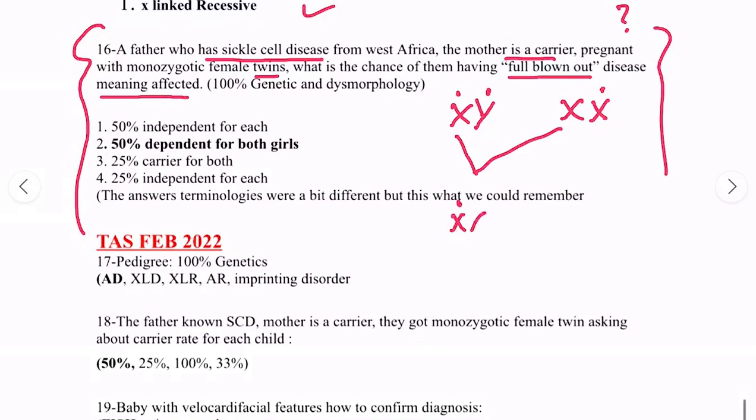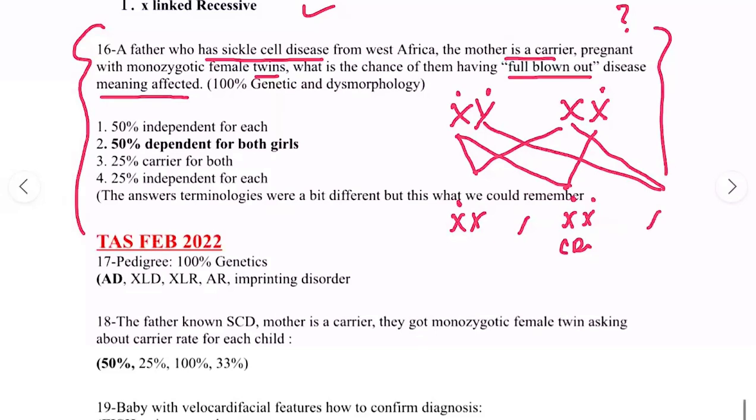See here. Okay, this one and this one is going to be X and X, that is diseased. Now this one, this boy, a carrier, and this boy are diseased.